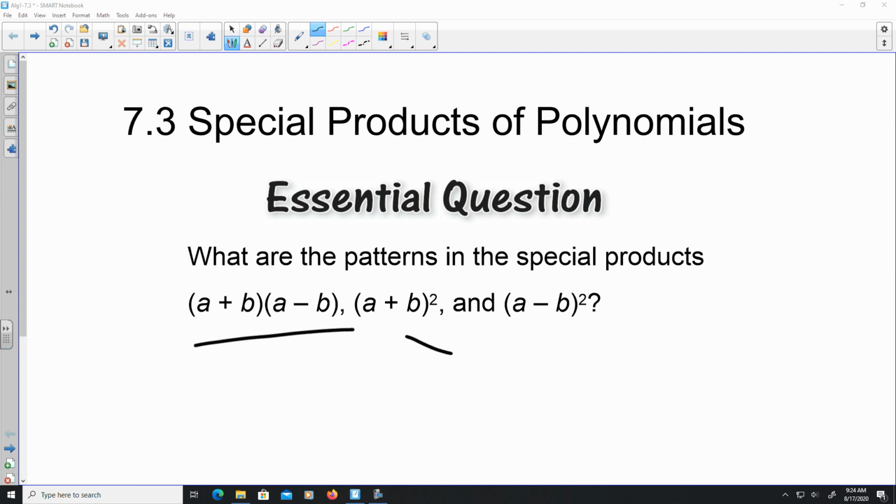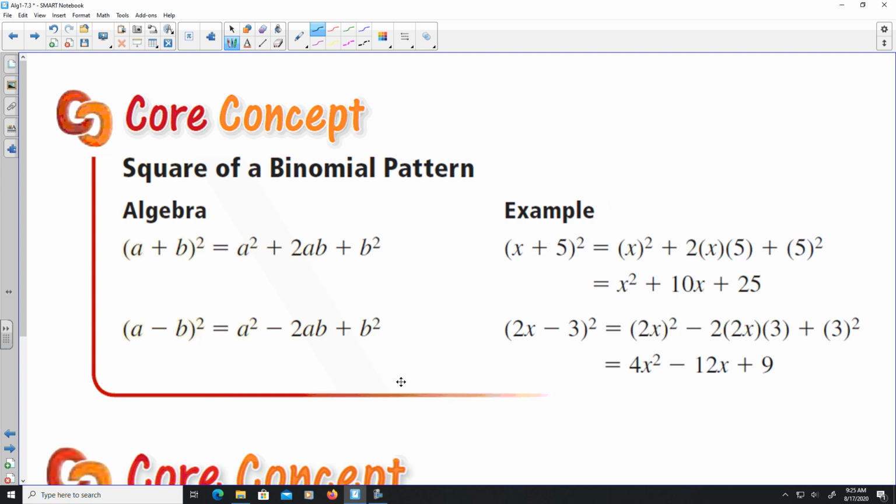And the other two are perfect square binomials, one being a perfect square where it's plus, one being a perfect square where it's minus. So we have formulas for these patterns.